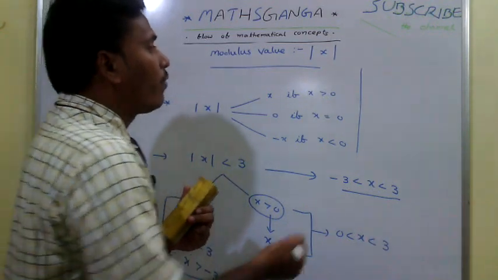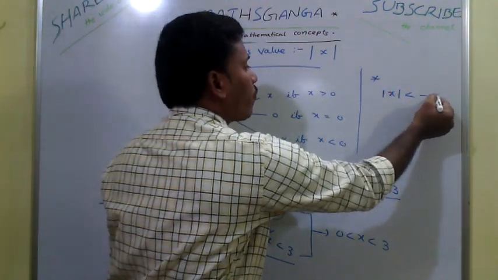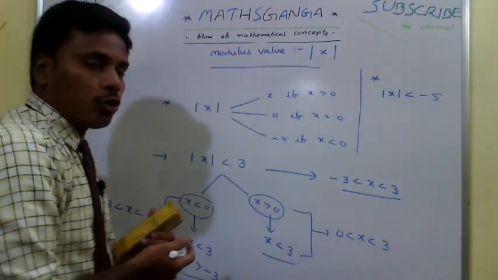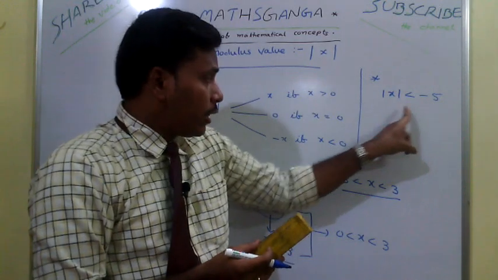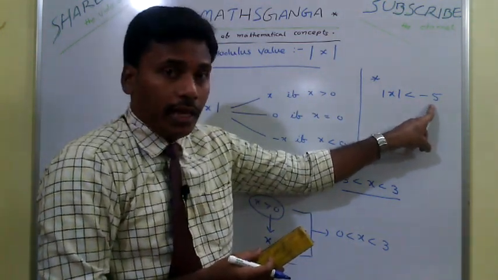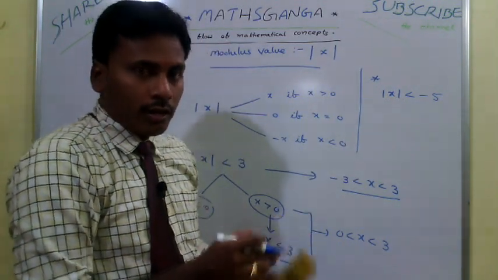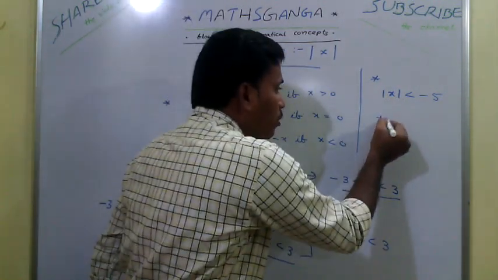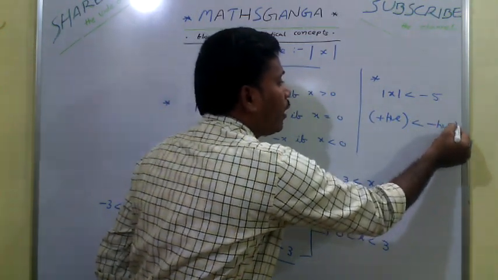If somebody asks you to calculate mod x less than minus 5, what about the solution of this inequation? Since mod x is less than minus 5, this modulus of x is always positive, whereas this minus 5 is negative. A modulus value is never less than a negative value, because the modulus value is a positive value which is given as less than a negative value.